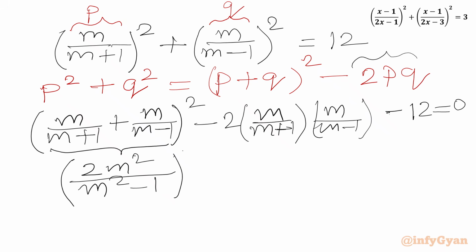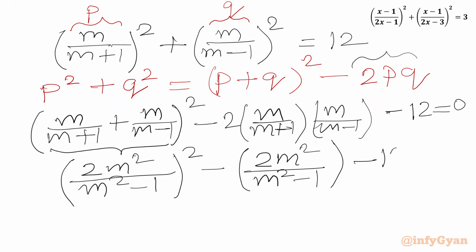Then we have part 2 minus 2 times 2m square over m plus 1 times m minus 1. Again we will write m square minus 1 minus 12 equal to 0. Now this is one quadratic equation in 2m square over m square minus 1.